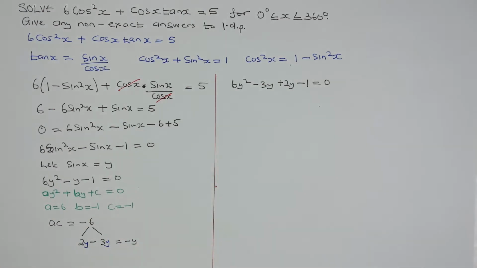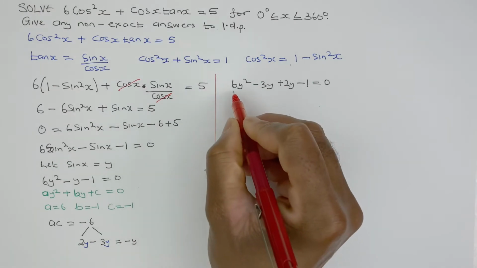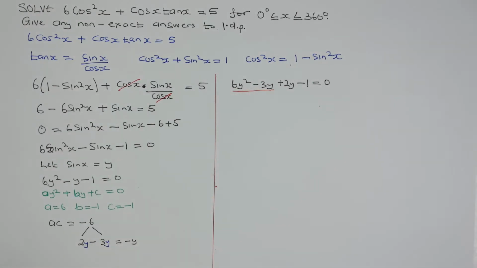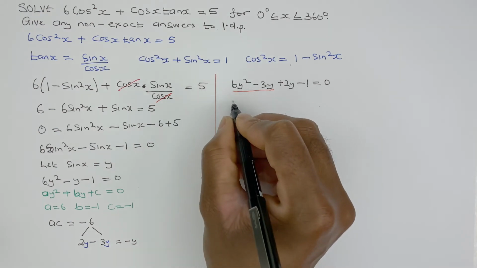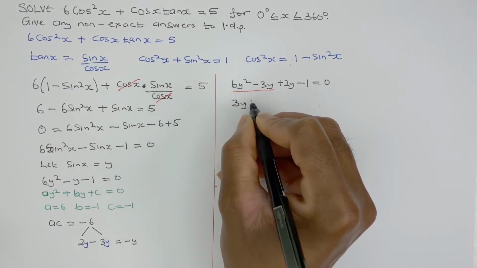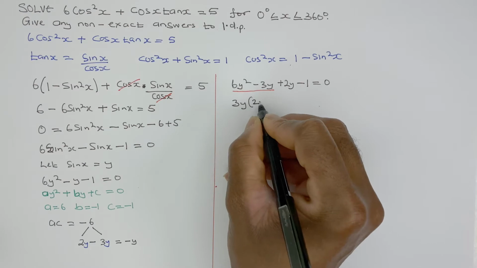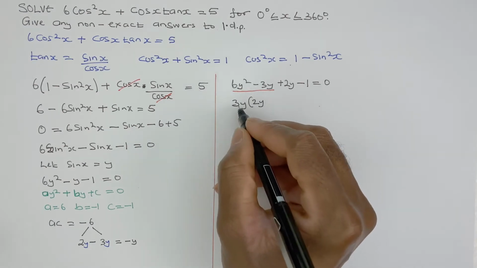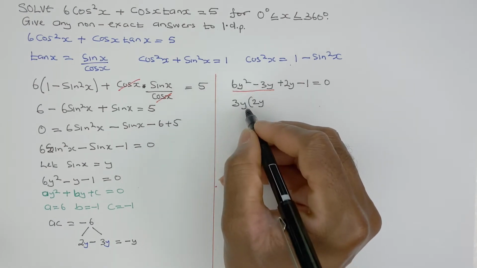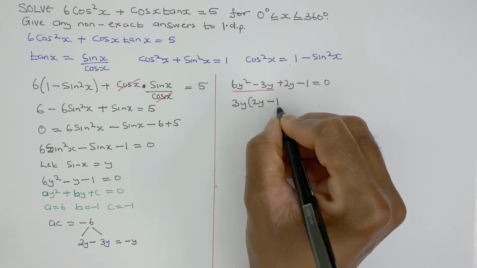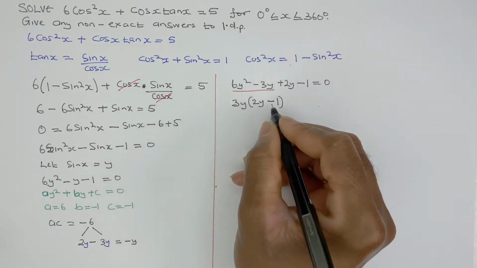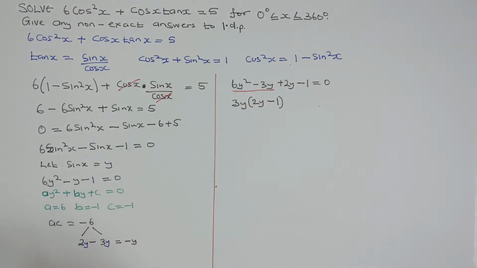So what's the common factor between these 2? The common factor is 3y. If I take 3y out, then I'll get 2y, because 3 times 2 is 6, y times y is y squared, minus 1, because 3y times minus 1 is minus 3y.